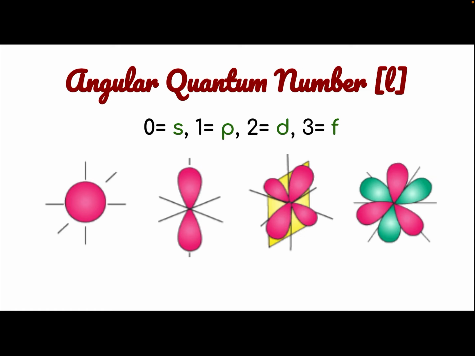Okay? So, this region, we can call this subshells. Ibig sabihin, yung hilerang yon, that level, when its value is 0, the shape is S, but we can commonly describe it as a round shape.